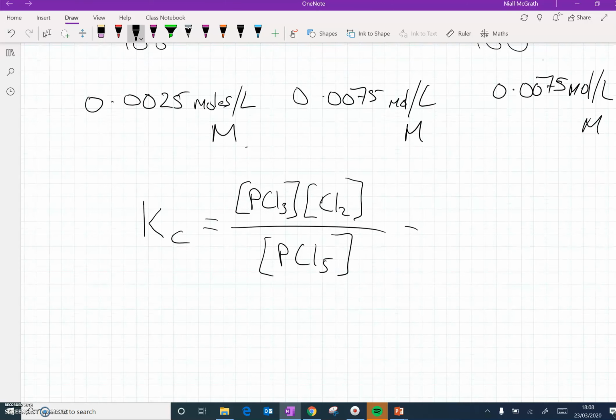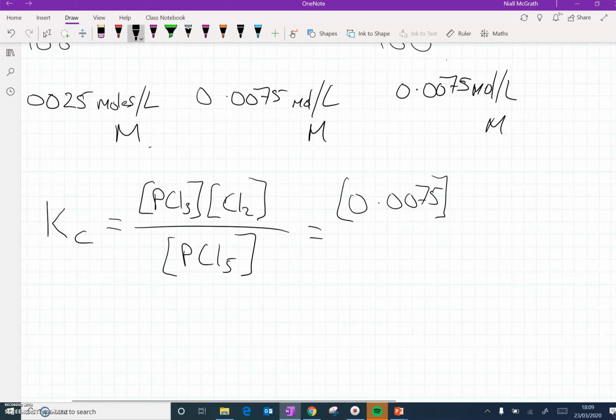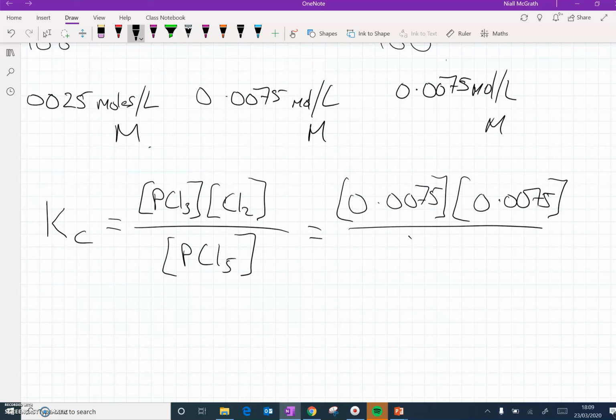So here it's going to be 0.0075 by 0.0075, all over 0.0025.